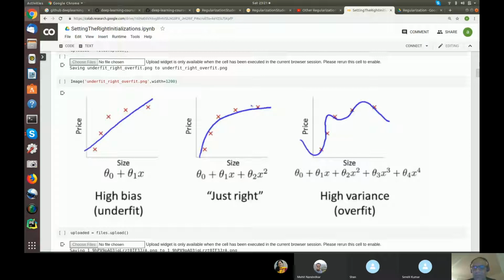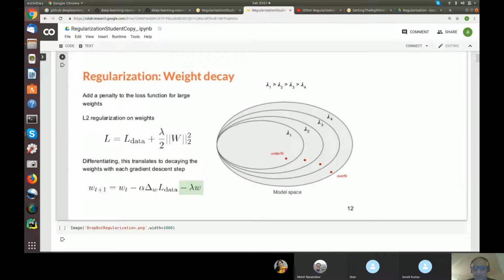These are two opposing forces. On one hand, we're saying fit the data as closely as you can. On the other hand, we're saying reduce the parameters of the model as much as you can and make the model as simple as you can.